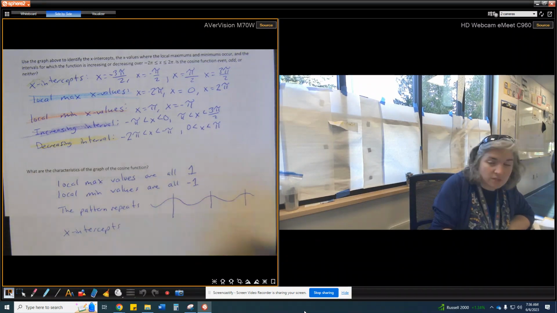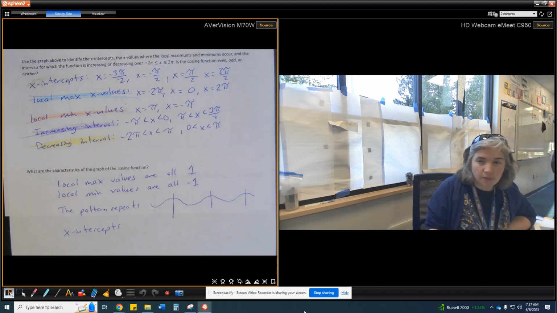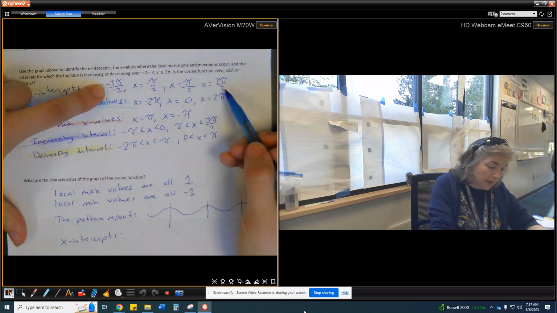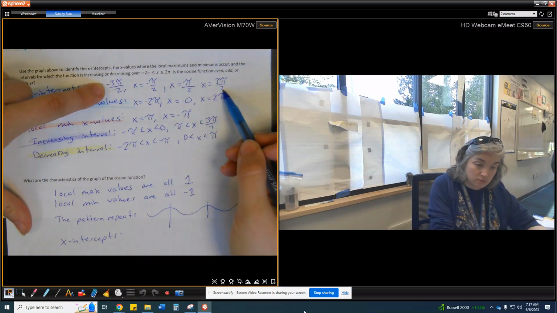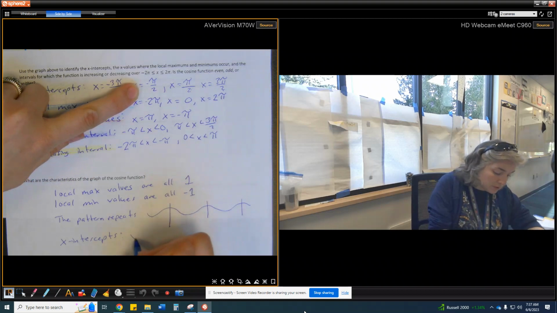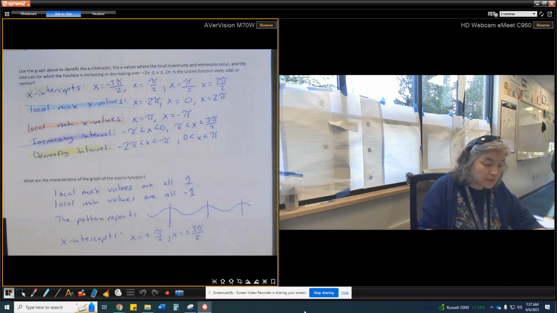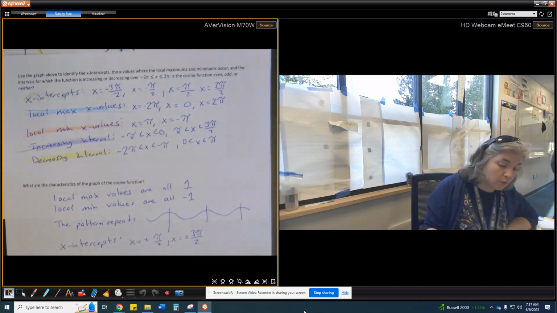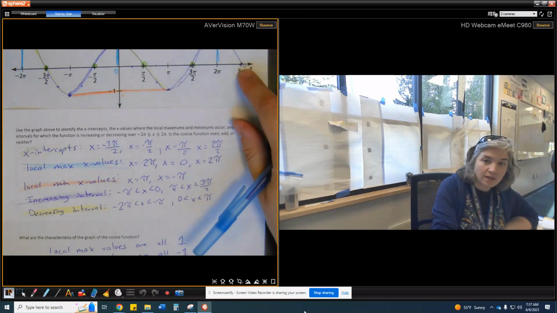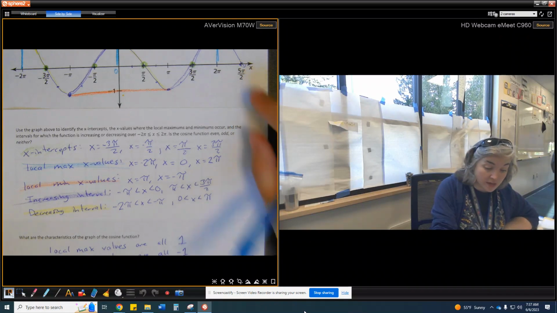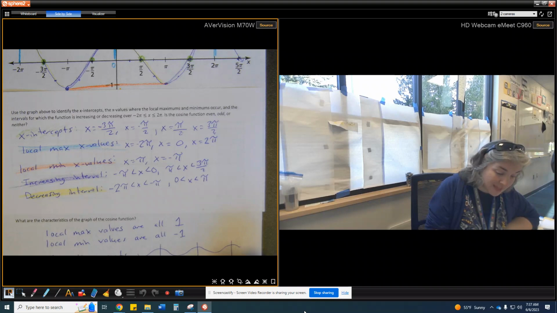Honestly, the pattern of this one is just as pretty as sine, because the x-intercepts are at plus or minus 3 pi over 2, plus or minus pi over 2. And it gets really cool as you go further and further on. We saw on our graph that we have another x-intercept right here, so hopefully you can infer that there is another x-intercept at negative 5 pi over 2.